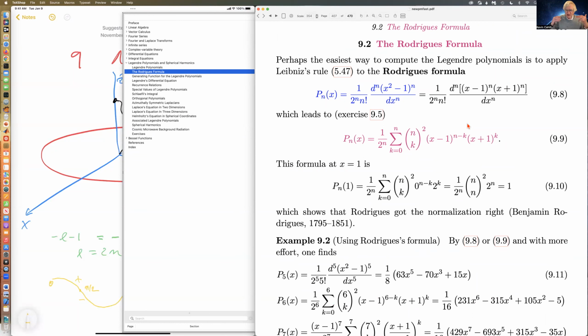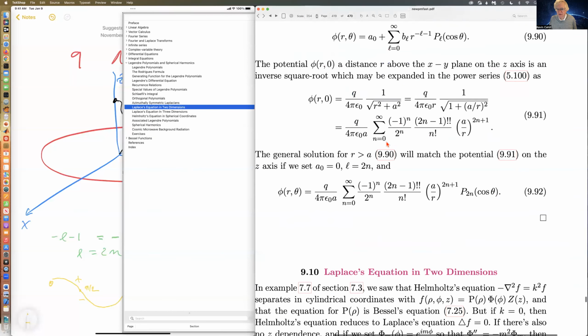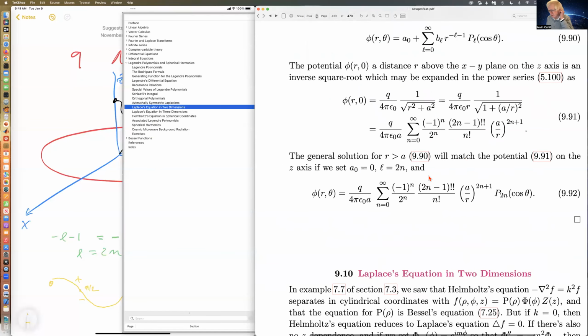Pn for n even has even powers of x, and Pn for n odd has odd powers of x. So that's why this works out in this way. So this is the solution. So that's two things that I wanted to do today.